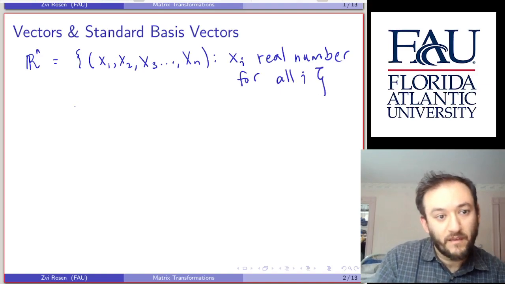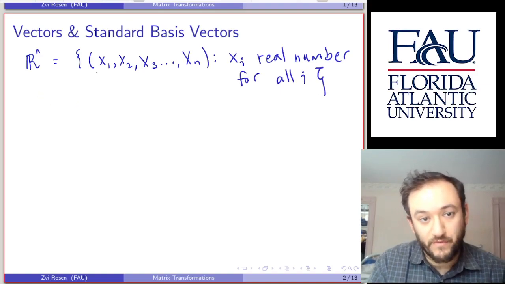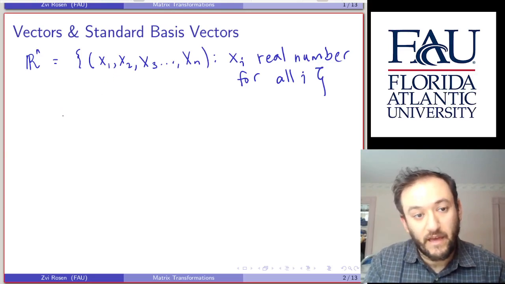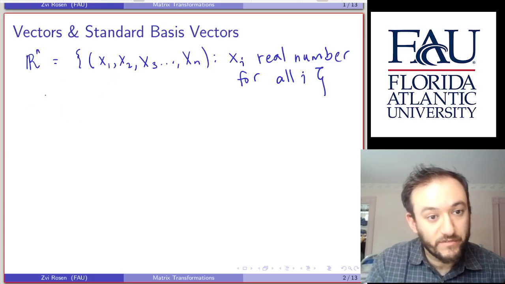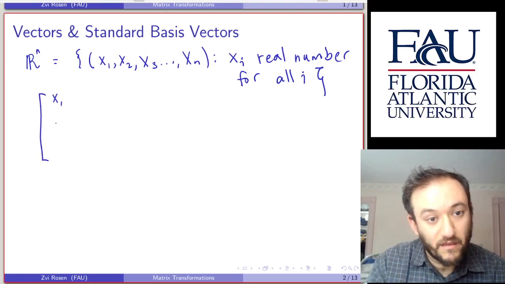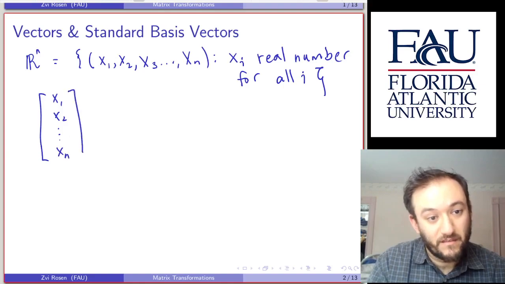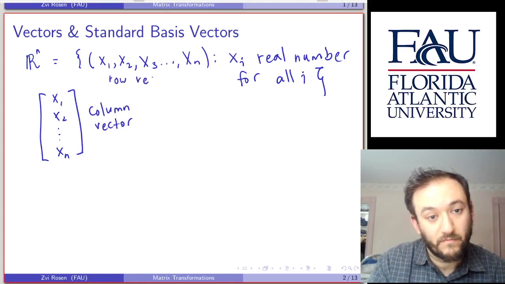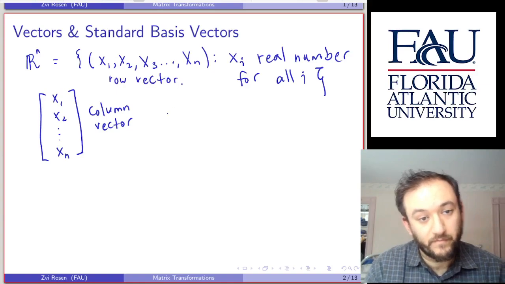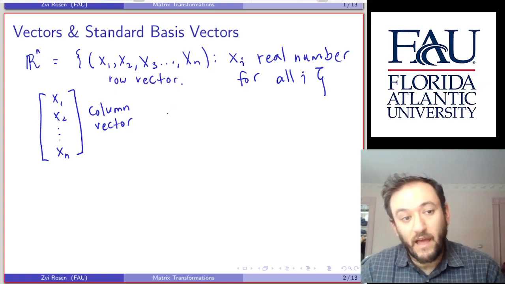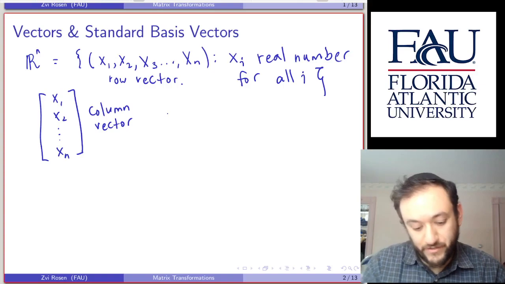Okay? And you might also see these as, so this is called the row vector notation, and you can also see this as x1, x2, down to xn. This is column vector notation. Okay. And these are vectors.